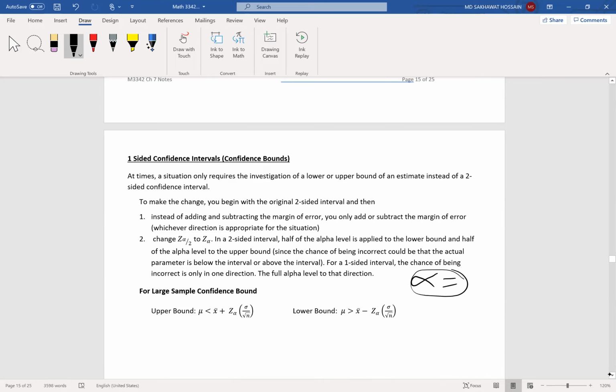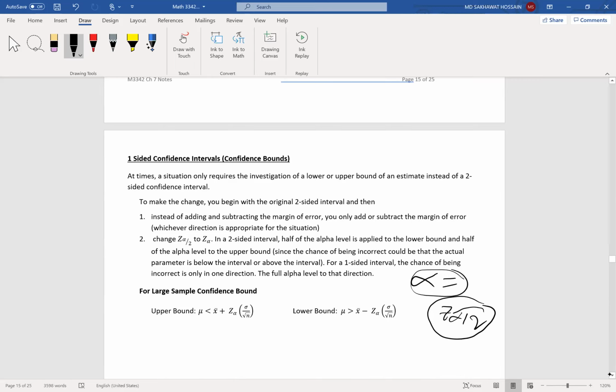It means that when we construct the confidence interval, the maximum type one error we can make is alpha. For the two-sided confidence interval, we use z alpha over 2 for the critical value. But for the one-sided confidence interval, why do we use z alpha over 2 in the two-sided case?